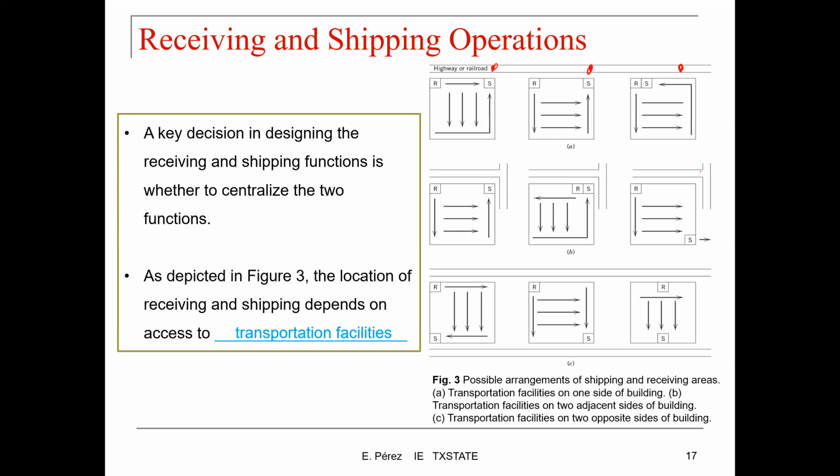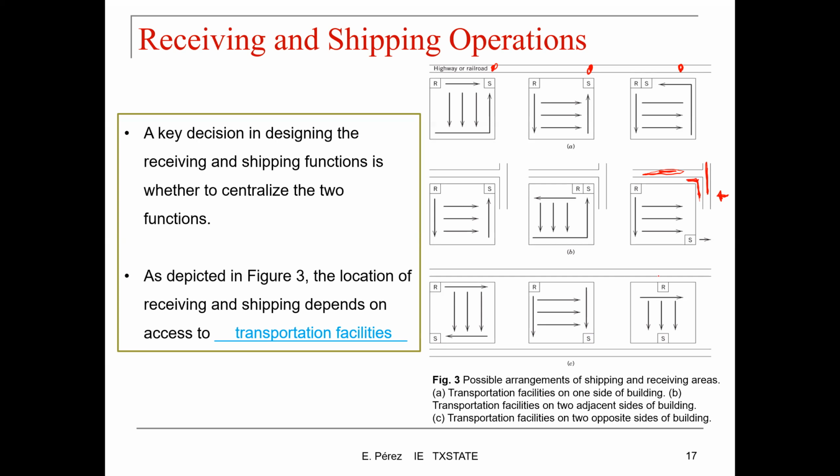Whereas in this second example, you have access to the street in this area and then also this area, so that gives you more flexibility. So if you want to split the shipping and receiving, you can also do that. And in this case, you have it located in a corner.